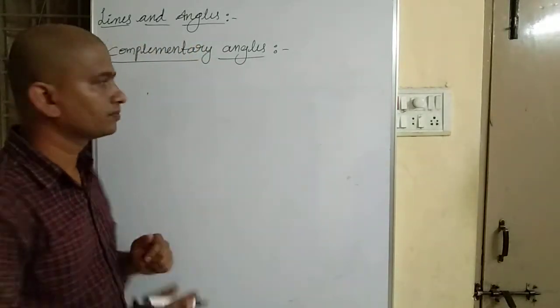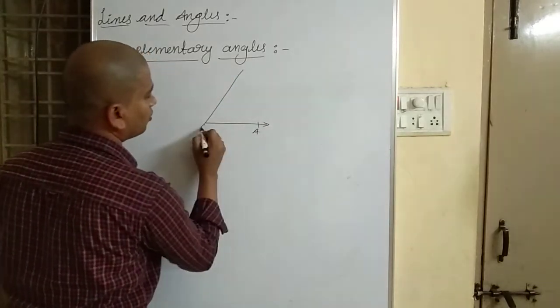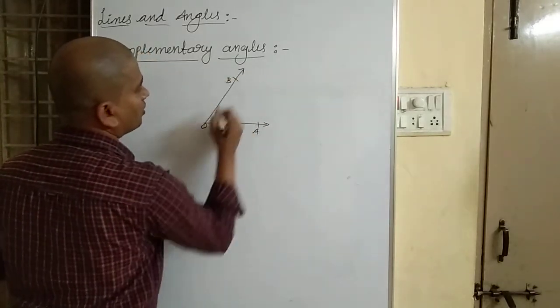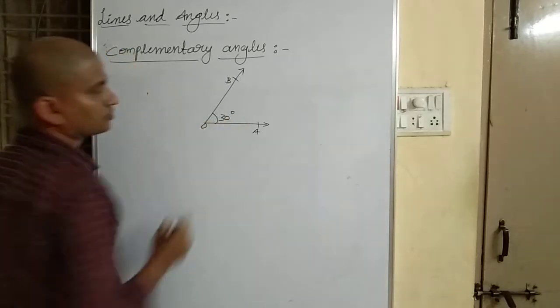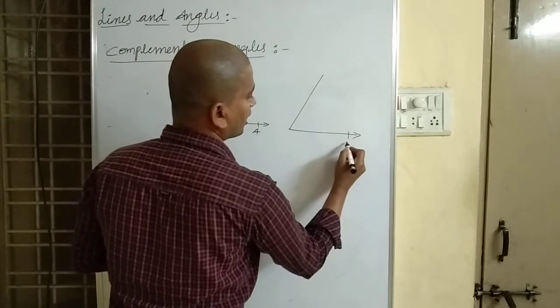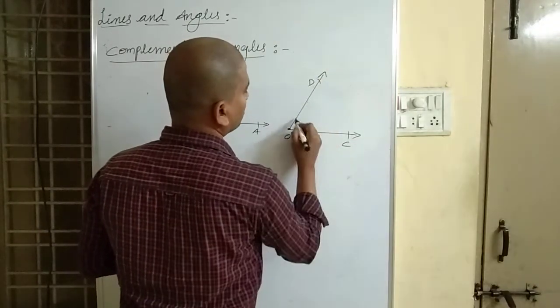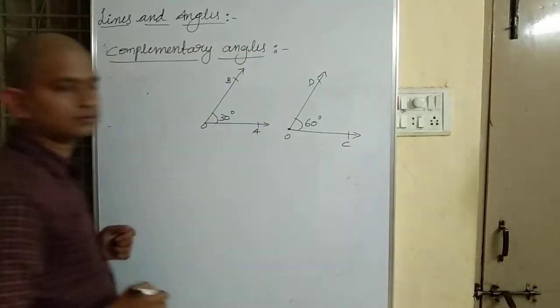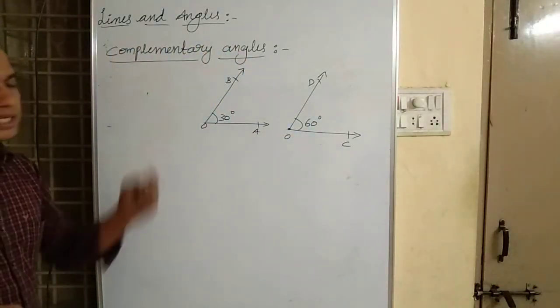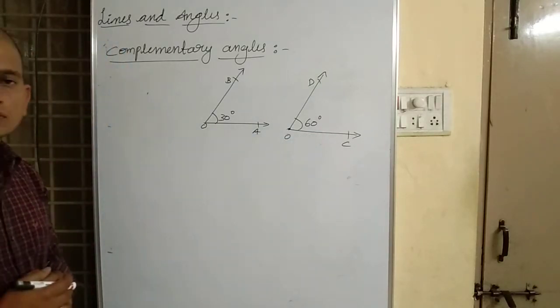For example, suppose this is angle AOB, which is 30 degrees, and the second angle is angle COD, which is 60 degrees. We have two angles here. One is 30 degrees and the other one is 60 degrees.